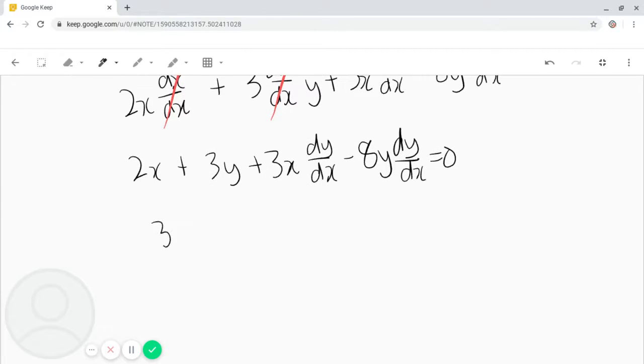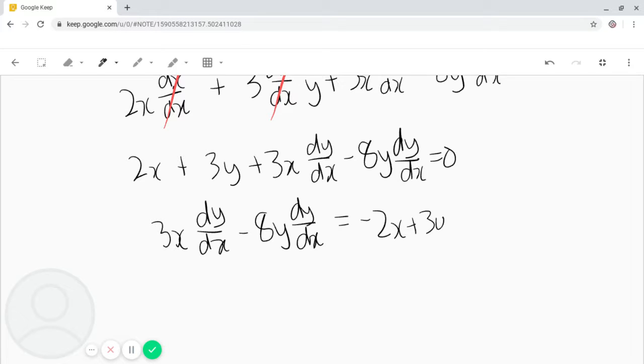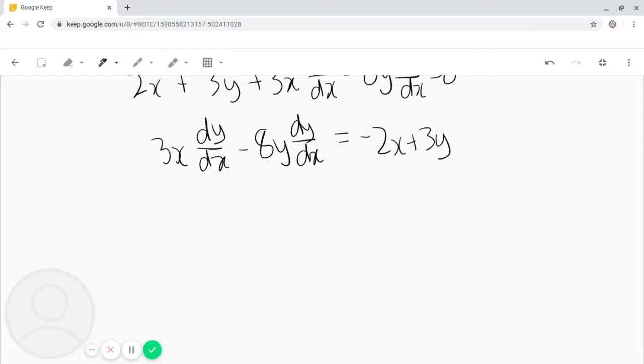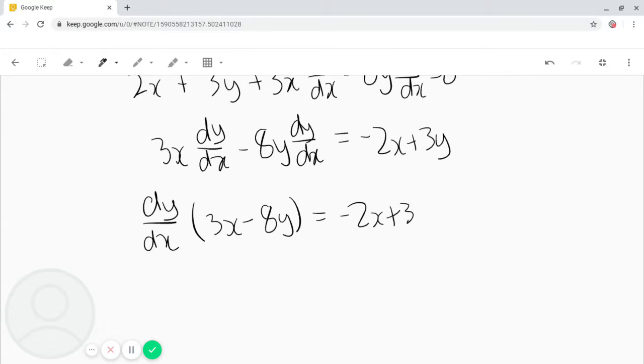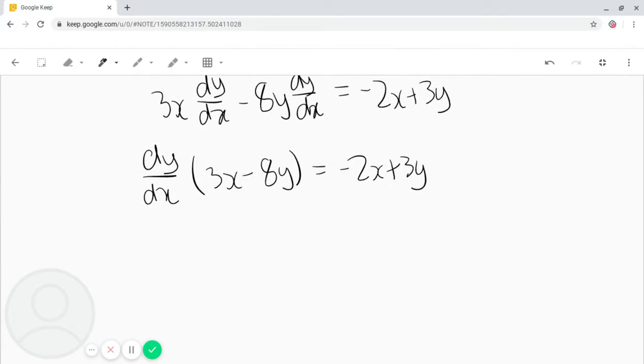So we have 3x dy over dx minus 8y dy over dx is equal to negative 2x plus 3y. And then taking the factor out, and just isolating.